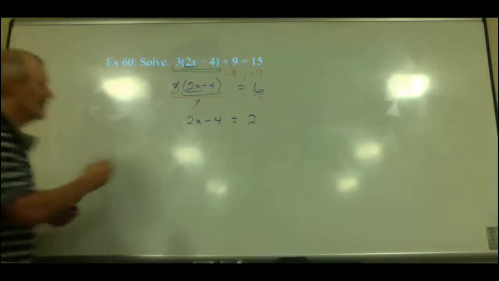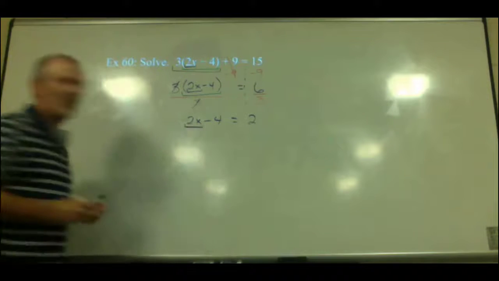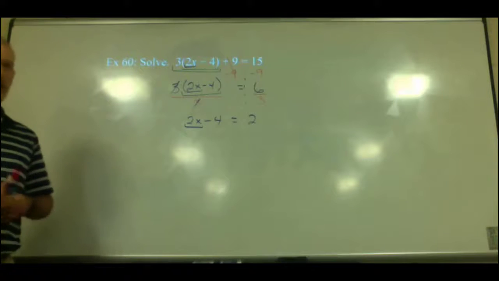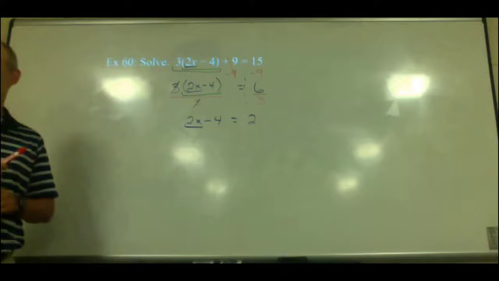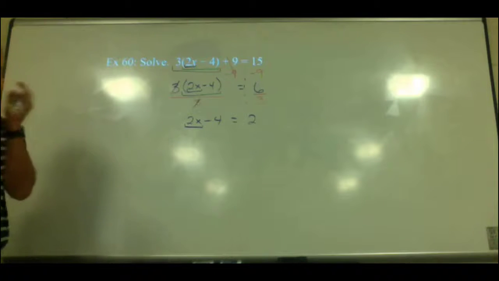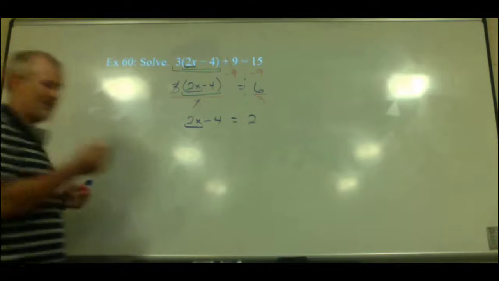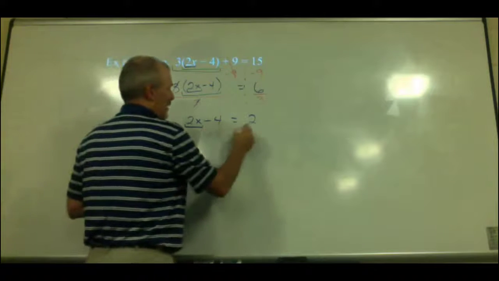All right. And again, what are we going to get rid of next? The -4, right? Because the 2 is grouped with the X. That's the very, very inside layer. How do we get rid of the -4? Add 4.